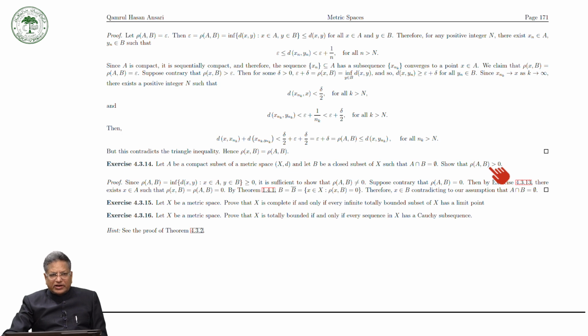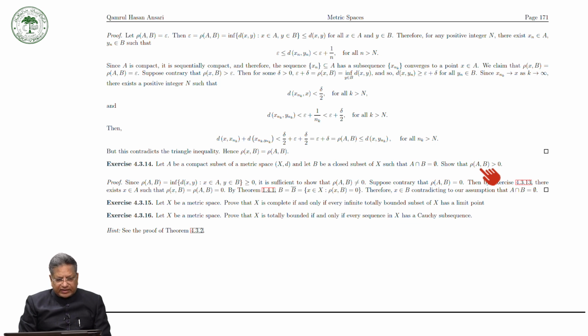This is also an exercise for you, and it can be written as an MCQ. In several MCQs, it can be written as: which of the following statements holds? If A is compact, B is closed, and A intersection B is empty, then the distance between A and B is greater than 0.